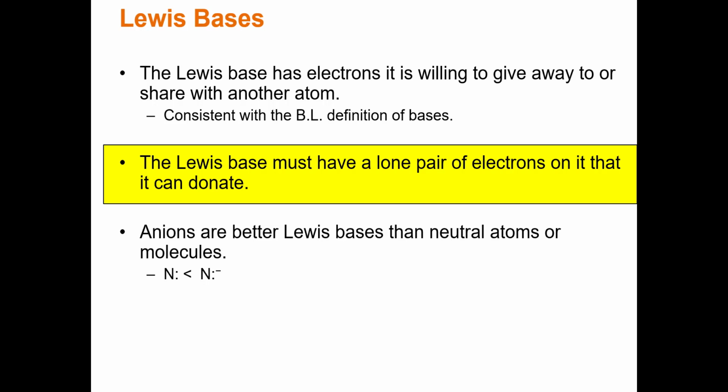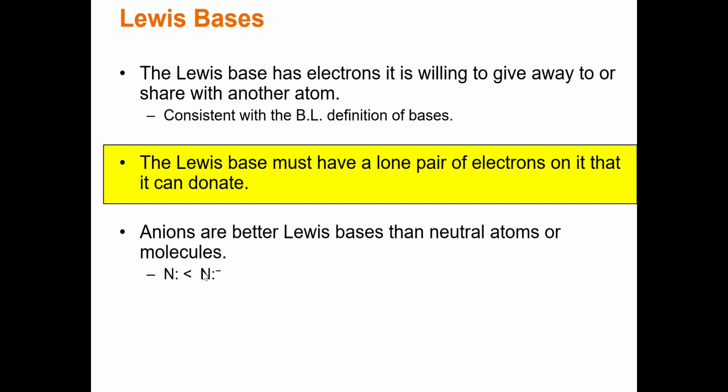In general, if we have something that's an anion, it will be a better Lewis base than a neutral atom because we have more electrons there. Okay, so we're showing nitrogen compared to nitrogen with a negative charge. I'm not sure what's going on with those lone pairs there.